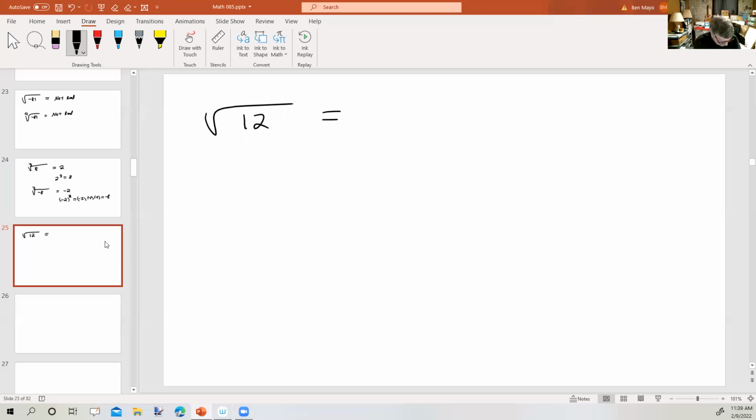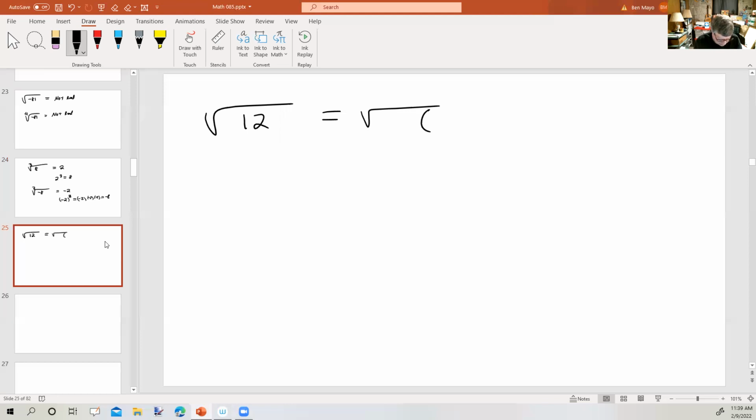It says use a calculator to find each square root, give answer to 4 decimal places. On my calculator, the square root is a second function of the x squared key. So I push second, and then the square root button, and I get this.